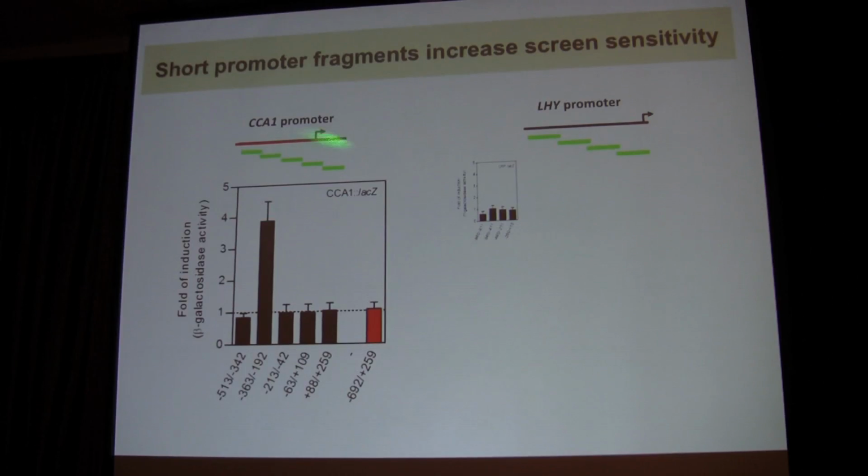And the proof that this is true is when we did the experiment with the full-length CC1 promoter, we were not able to detect the interaction of this transcription factor, okay? Really implying that by using shorter promoter fragments that are probably more functional in the yeast system, we can now detect transcription factors that bind to the distal portion of the plant promoter.